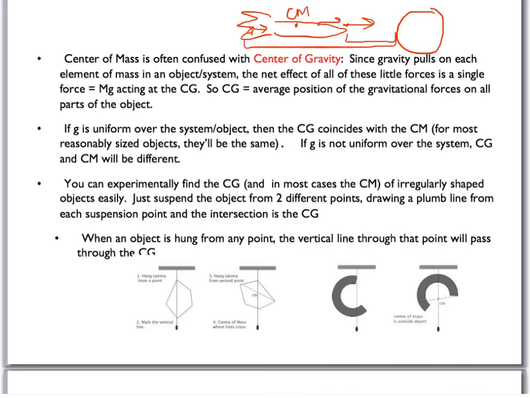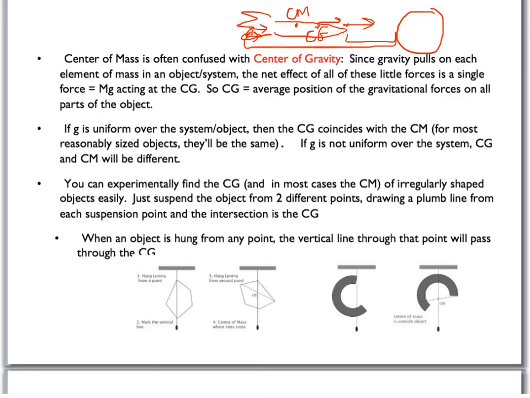Because all the little bits of mass over here are much further away, the gravitational pull is going to be weaker, and the force there is going to be smaller. So center of gravity would actually be located somewhere closer to the nose of the ship when we average together all of these little bits of force that's being pulled by gravity.